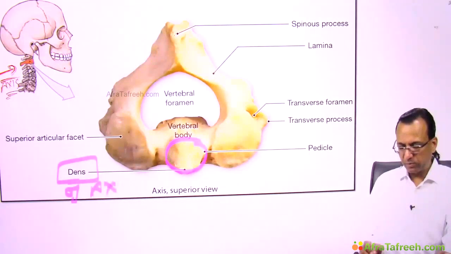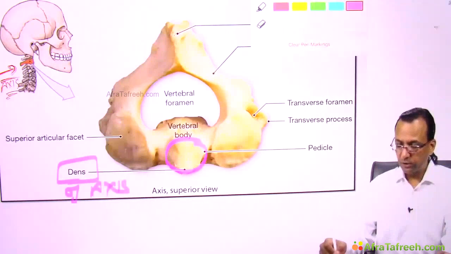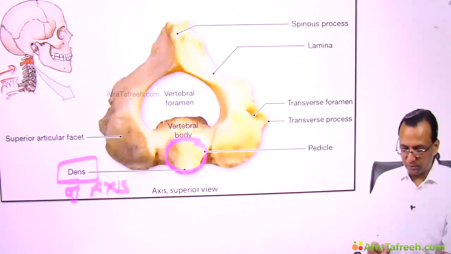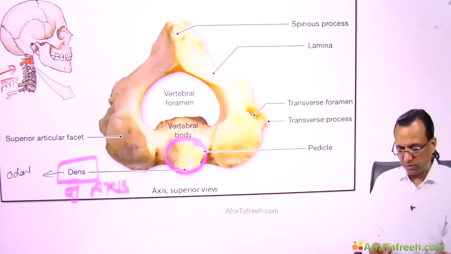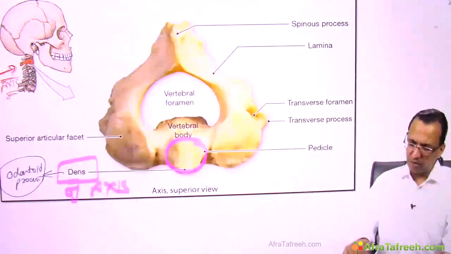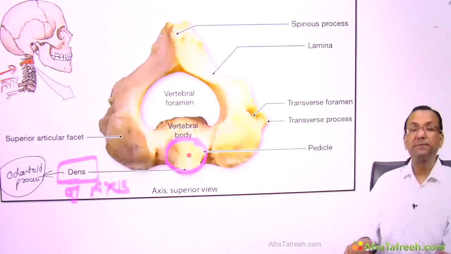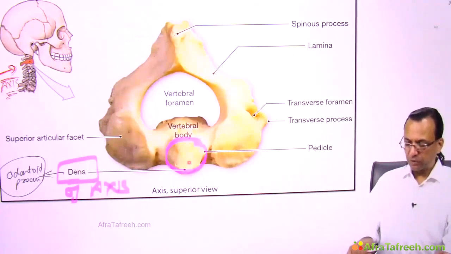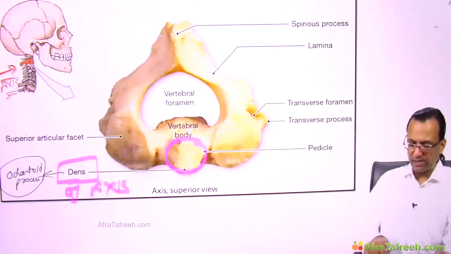I'm assuming that it was the body of the C1 vertebra fusing with the body of C2 and producing an elevation called the dens of the axis or odontoid process.